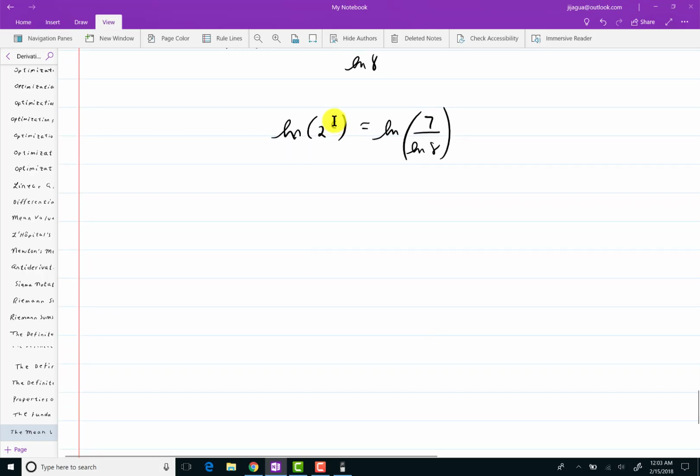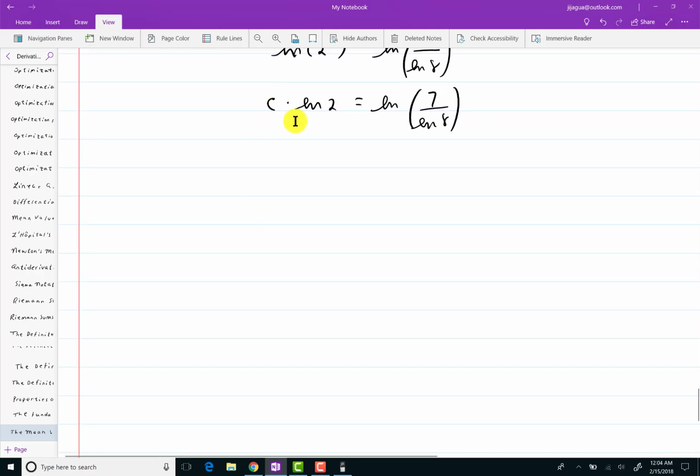Then I can take the c out front, and I get c times ln 2 equals ln of 7 divided by ln 8. Then I can divide by ln of 2. So c equals ln of 7 over ln of 8, divided by ln of 2.